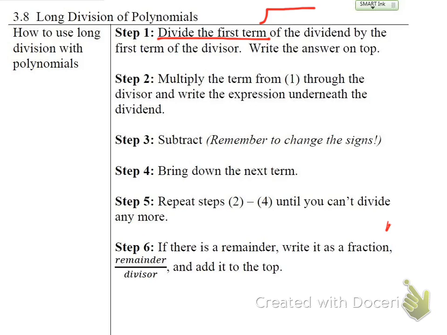Where you have the thing and then the outside and the inside. So you're going to divide the first term of the dividend. The dividend is the inside part. By the first term of the divisor. The divisor is the outside, what you are dividing by.